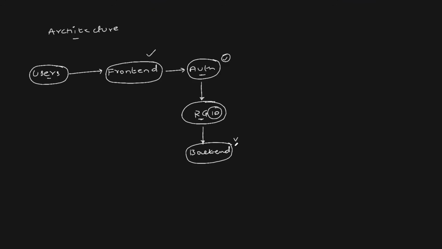What our backend does is connect to the Azure CLI. Making use of Azure CLI, it will fetch the resources from the cloud, what all resources are available in the Azure resource group.